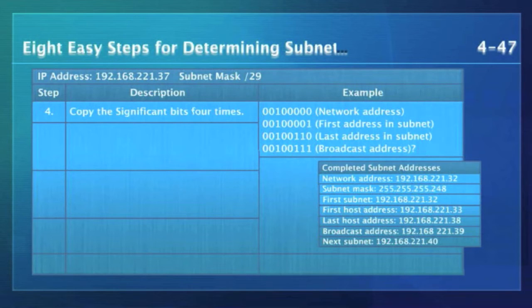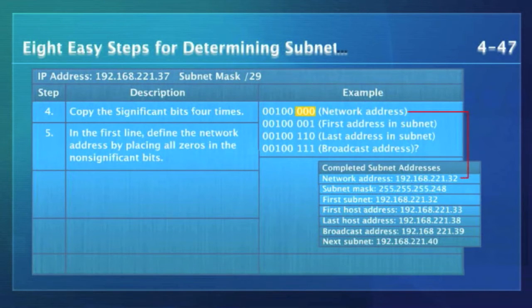Wow. So if you convert back into decimal, the first line is the network that we live on, and you can see it done for you right here. It's 192.168.221.32.